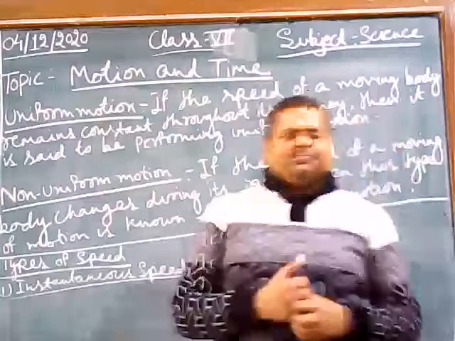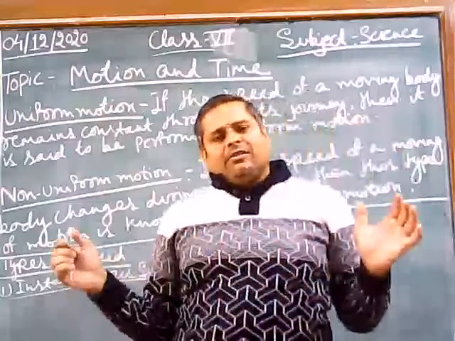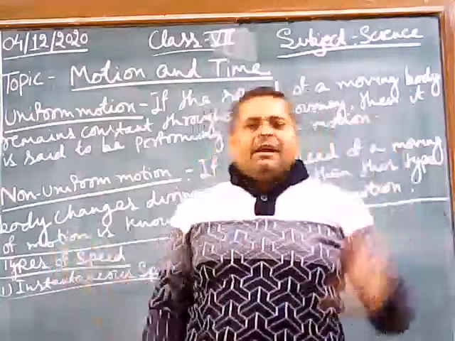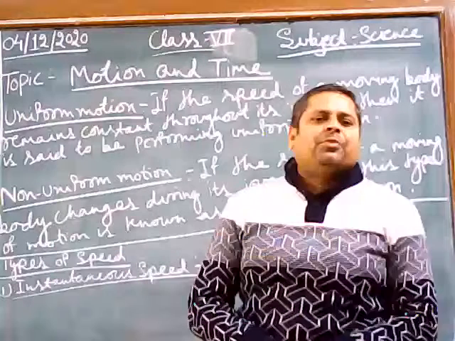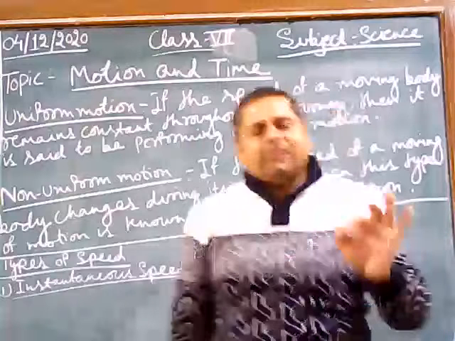For example, when a car is running at a speed of 60 km per hour, at that moment of time, that speed will be called instantaneous speed.